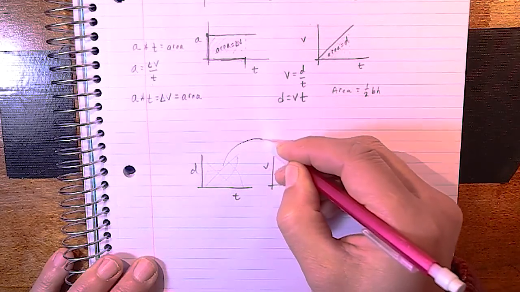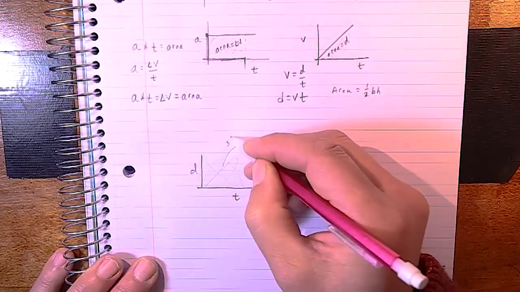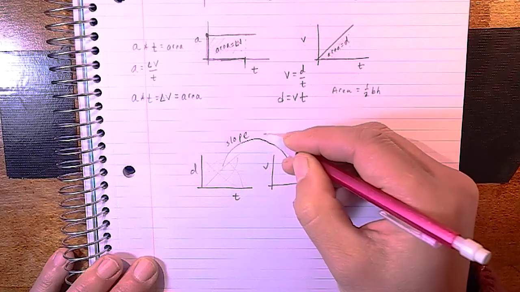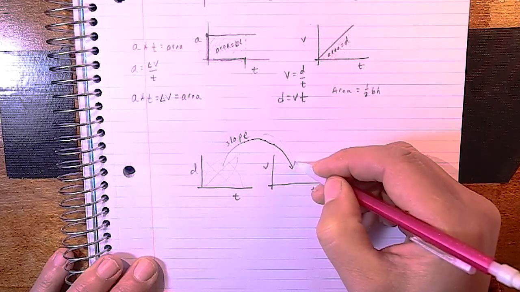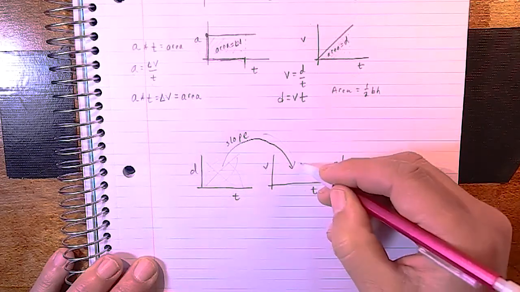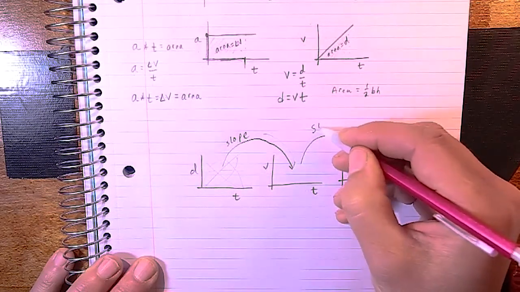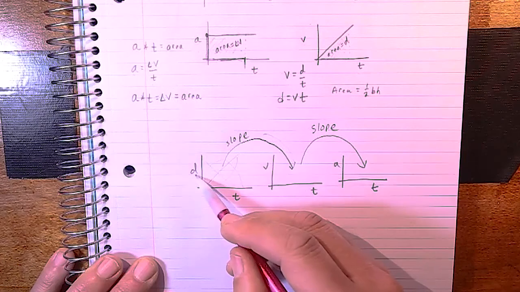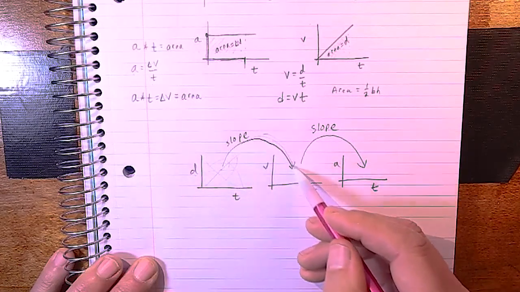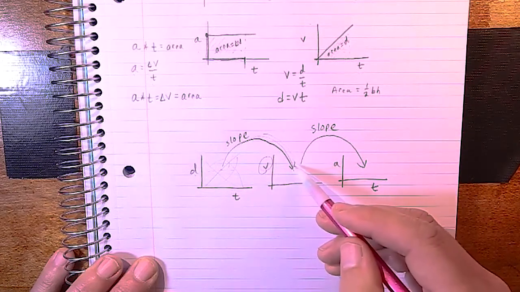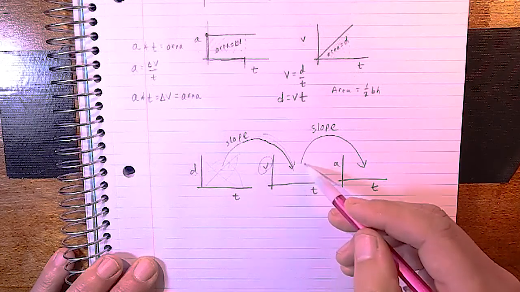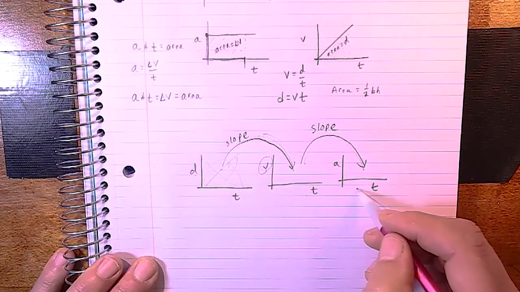The slope informs us about the velocity. And the slope of a velocity time graph informs us about the acceleration. So the slope of a displacement time graph tells us about the velocity, and the slope of a velocity time graph tells us about the acceleration.